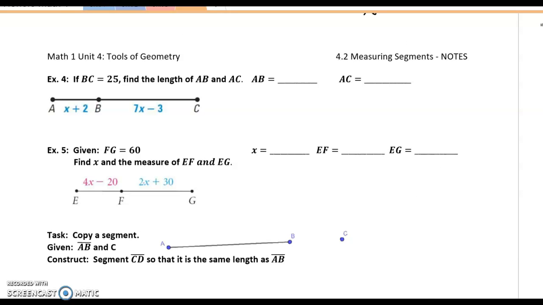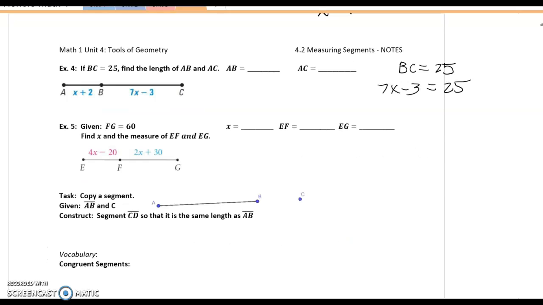For example number 4, it says if the length of segment BC is 25, find the length of AB and AC. Since we're given that the length of BC is equal to 25, and we also have an expression for BC, 7x minus 3, through substitution we can write this equation to help us solve for x.